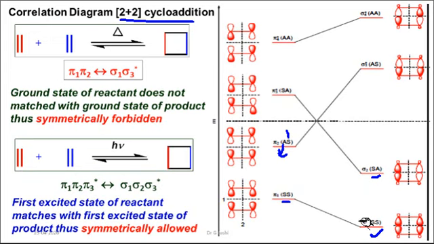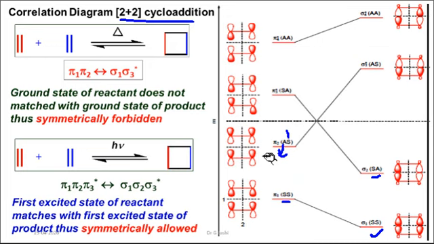If we simply match, then we can see with this correlation diagram the ground state of the reactant. This is the nodal plane where the non-bonding electron will reside, below this will be the bonding region, and above this will be the anti-bonding region. So this bonding region is referred to as the ground state. This region is referred to as the excited state.